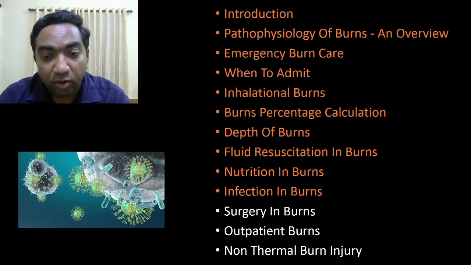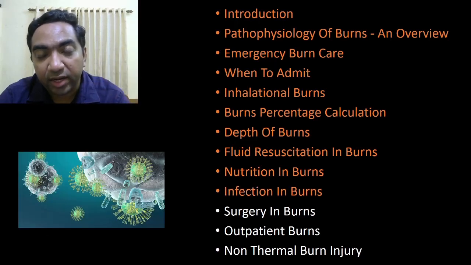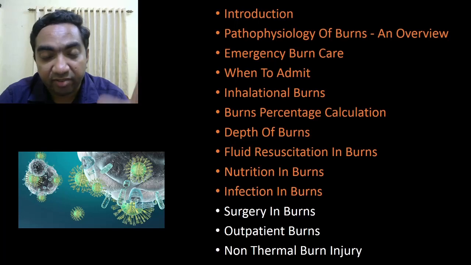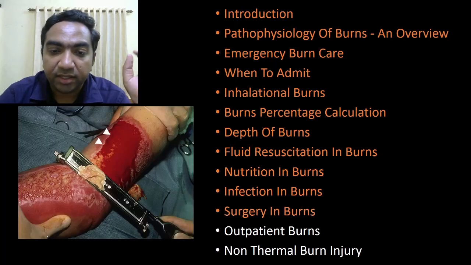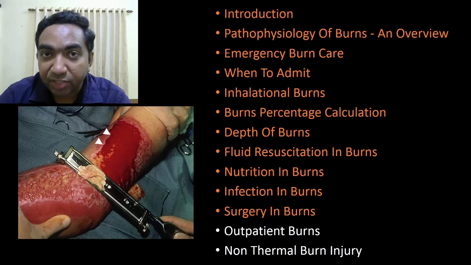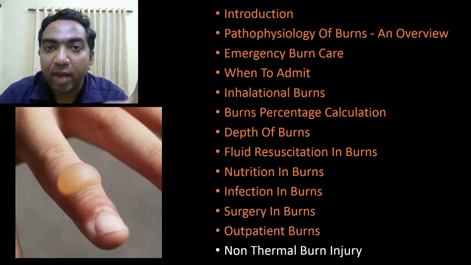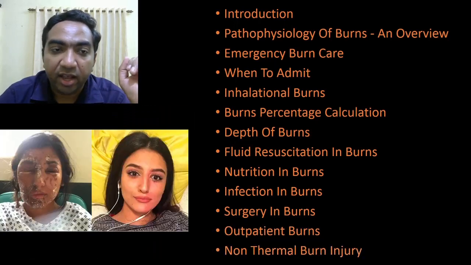Then we have discussed infection in burns, and how to prevent, identify and treat infection in burns. Then the different aspects of surgery in burns, how to manage outpatient burns, and finally we have discussed the non-thermal burn injury.